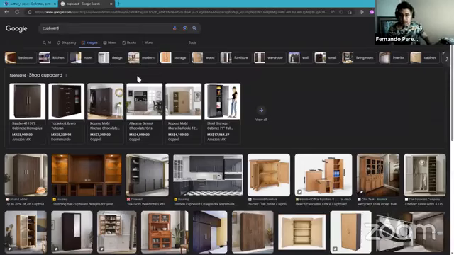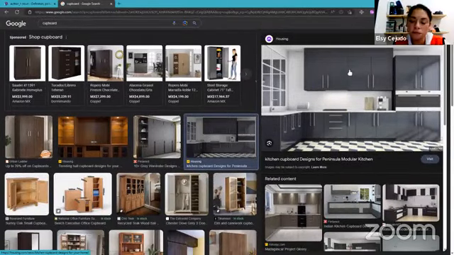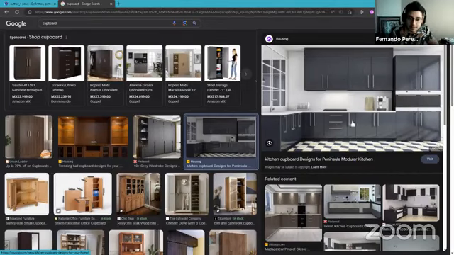Well, the cupboard is the one that is usually on top. The cupboards are on top and the cabinets are on the bottom. That's the biggest difference.